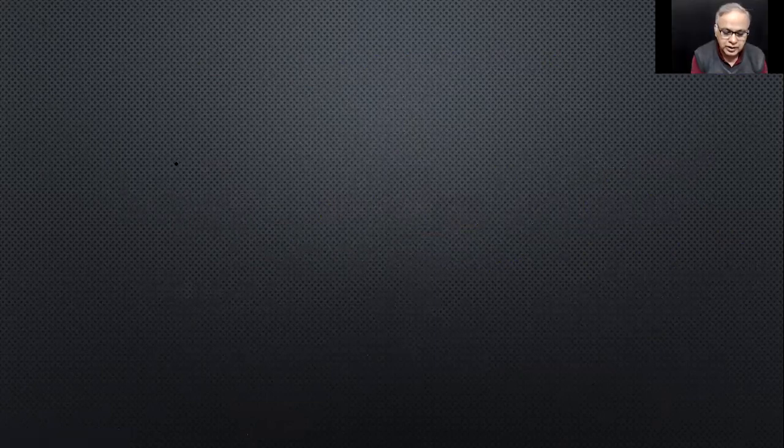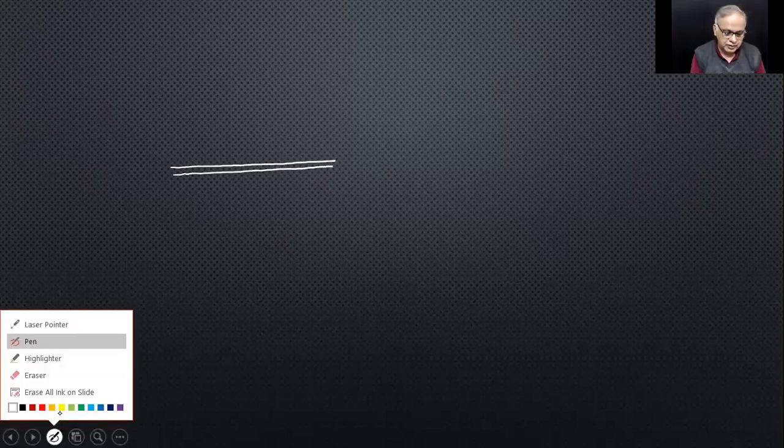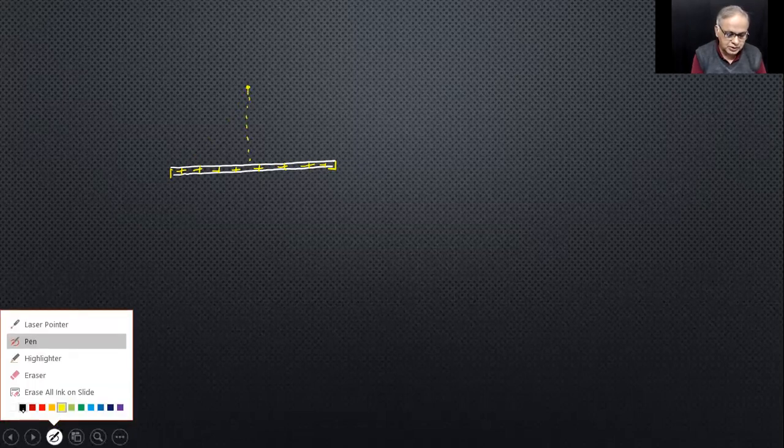Now I'll just draw it again for reference. We have the positive charge like this. To begin with, we found out E at a point which is on the perpendicular bisector. And we found that this E is which way?